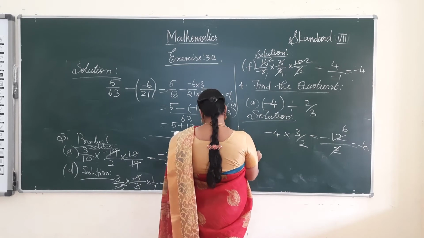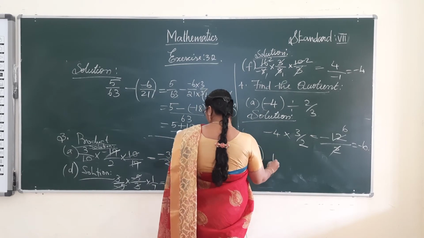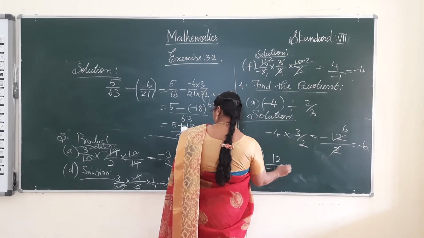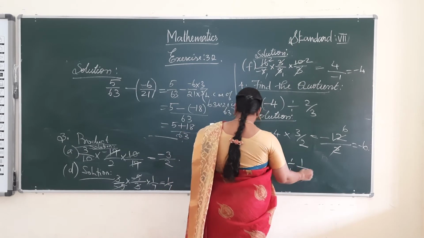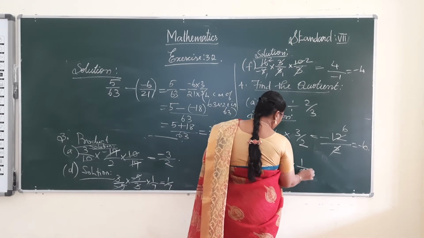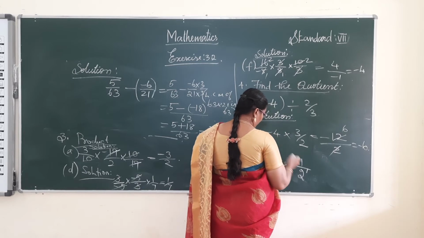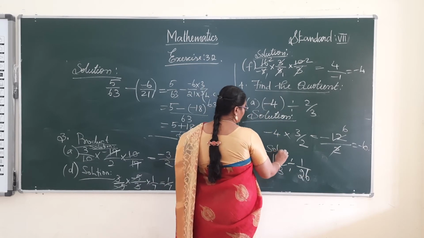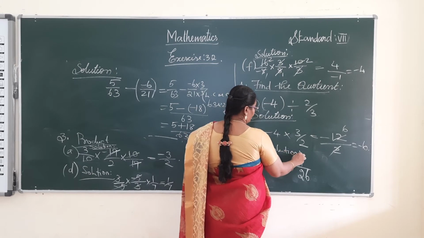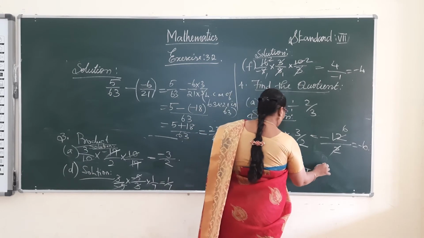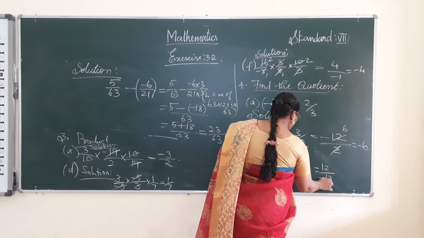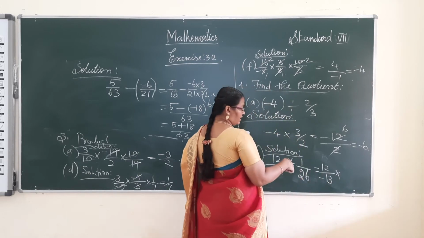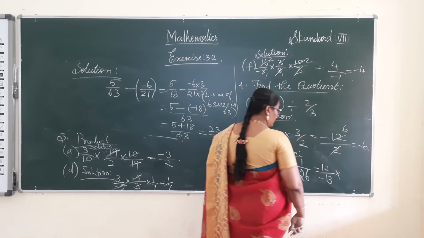Now the D problem: 12 by minus 13 divided by 1 by 26. Solution: it can be written as 12 by minus 13. Change the operation, and write the next fraction as its reciprocal.